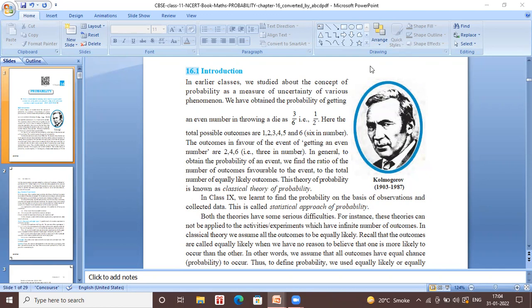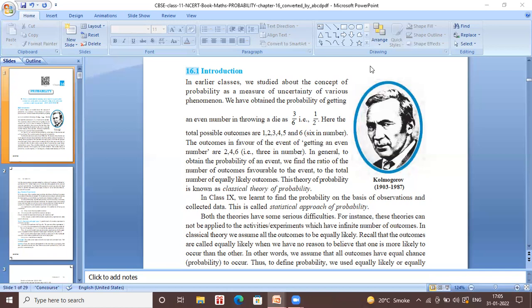We have obtained the probability of getting an even number in throwing a die as 3 by 6, because the die has 6 faces and 6 numbers, that is 1, 2, 3, 4, 5, 6, and you all are aware of it. When you roll it you will get one number, and here it is asking for an even number.